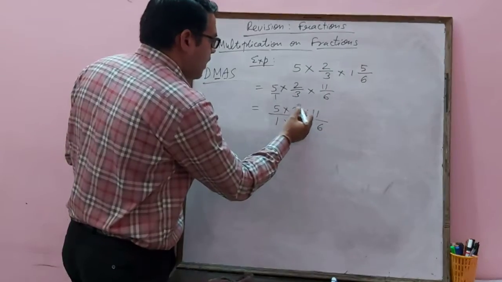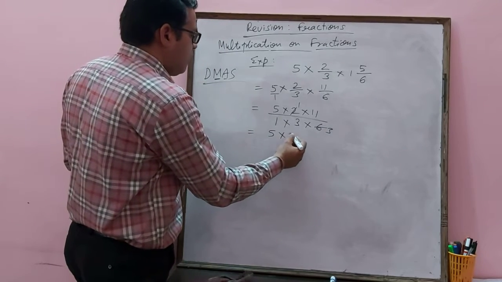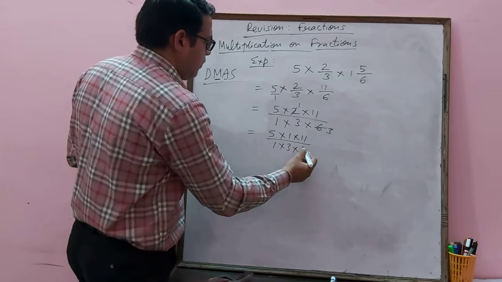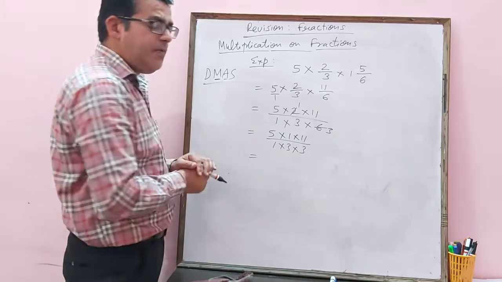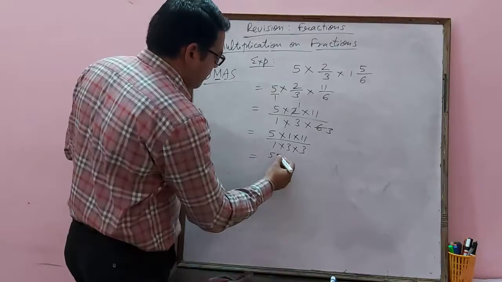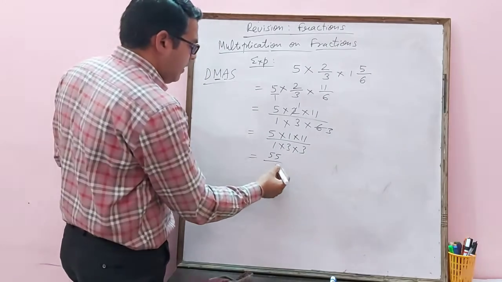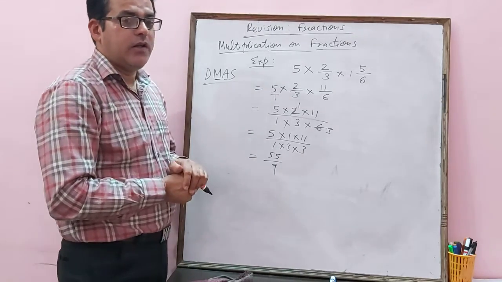So by 2, 1 time and by 2, 3 times. Now what we have here is 5 into 1 into 11 and downside we have 1 into 3 into 3. Right? Now 5 into 11. 11 5s are, we know, 55. And downside 1 3s are 3, 3 3s are 9. So we have 55 by 9.